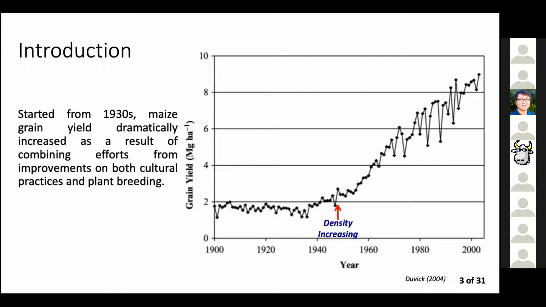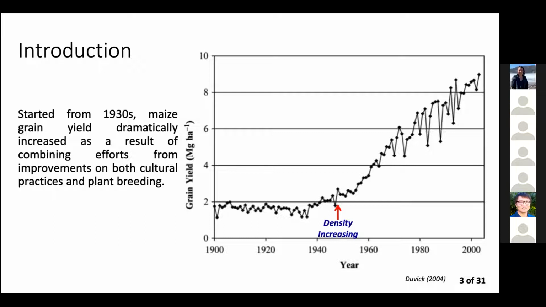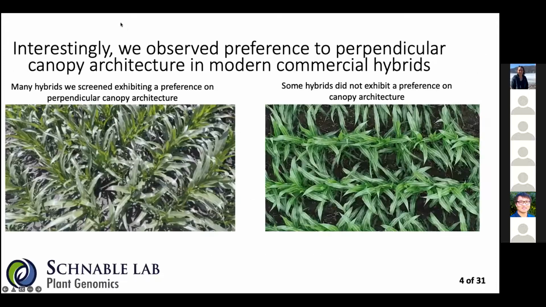So we are interested in what specific features the corn plant has developed for better adaptation to higher planting density. To do that, we first screened a couple of commercial hybrids planted in central Iowa in 2016.